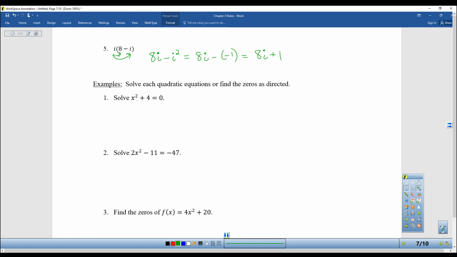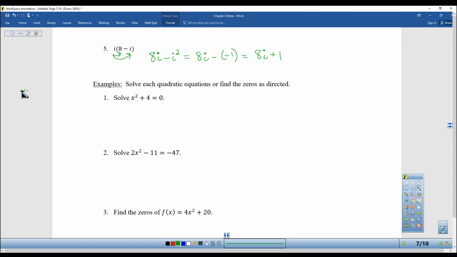Now we're going to do some quadratic equations. So this is review. You have everything in here you've already done. The only difference is that the i's will be in the answers instead of just real numbers. So normally when I see an x squared, I set it equal to 0 and factor.